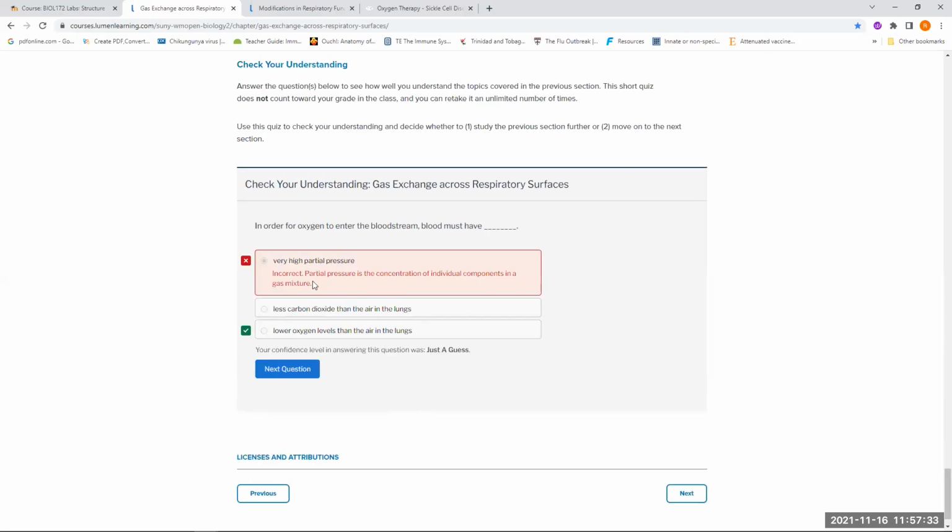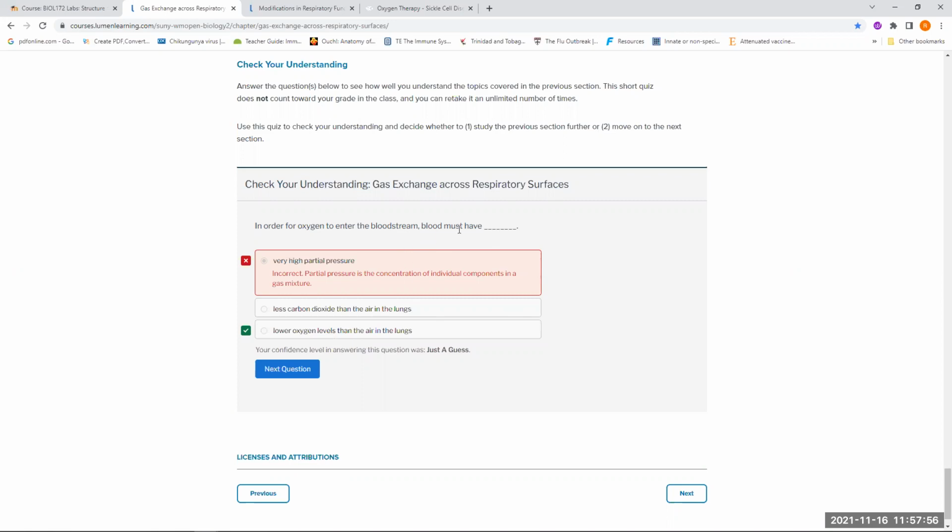Well, the thing is, you said very high, but you didn't specify what. It's really lower oxygen level in the blood in order for oxygen to enter the bloodstream. That means it's moving from the lungs to the blood. Remember, it moves down a concentration gradient. So yes, lower oxygen levels than the air in the lungs.